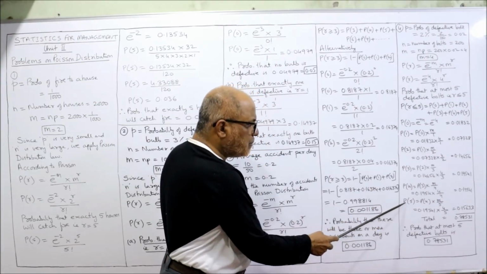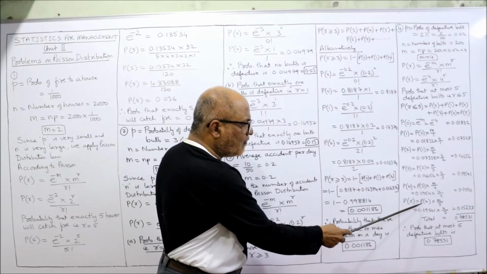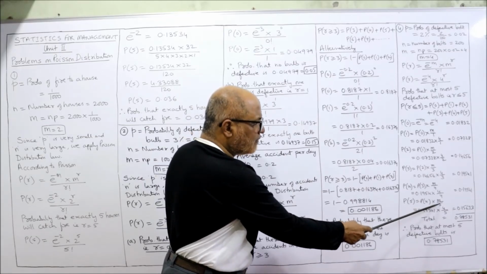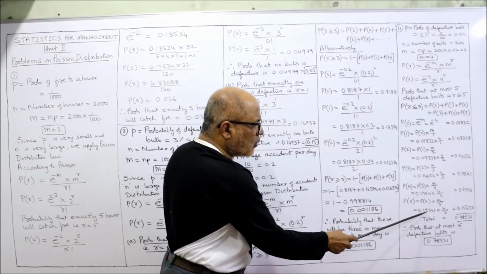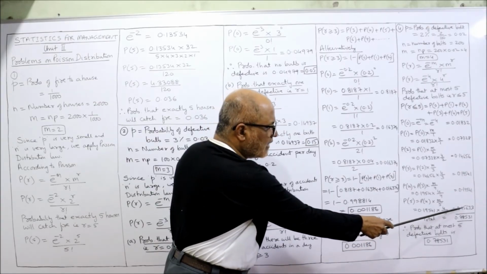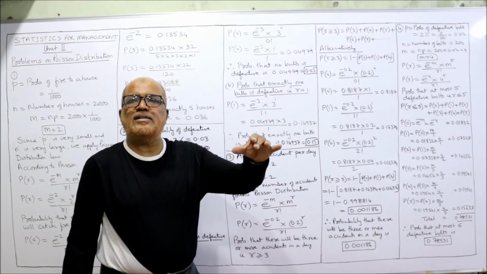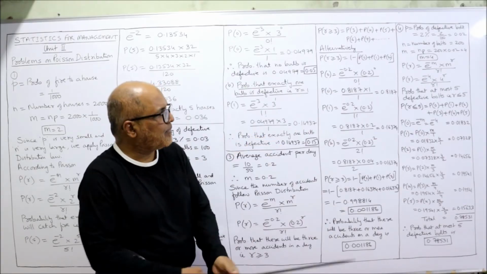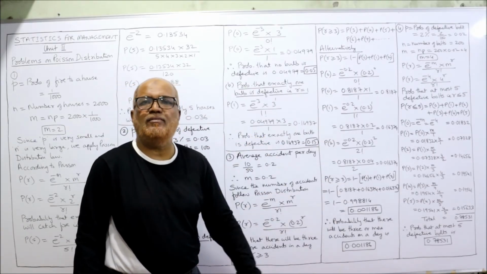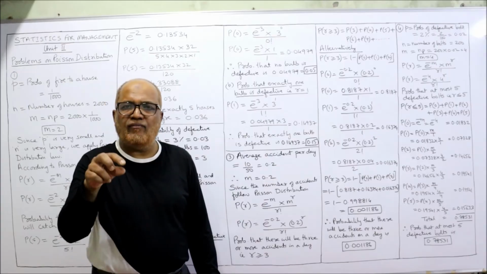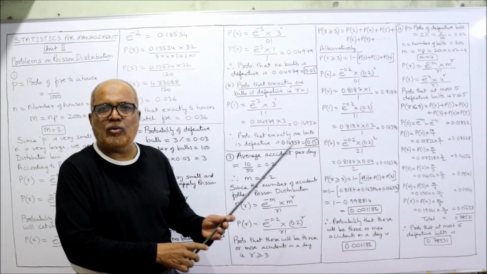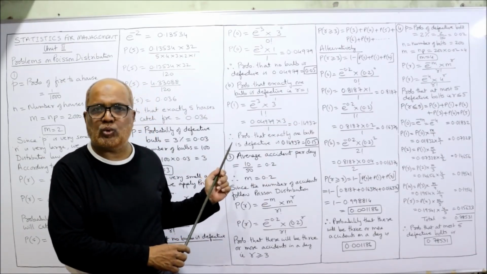Lastly, P of 5 is equal to P of 4 into m by 5. So 0.19541 into 4 by 5 is 0.15633. That's all. So in a sequence, if you want the probabilities, this is the shortcut method. Easily we can calculate. If you want only 1 or 2, you can apply the formula as usual.